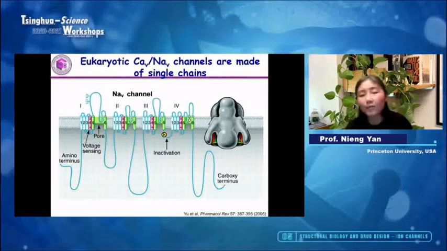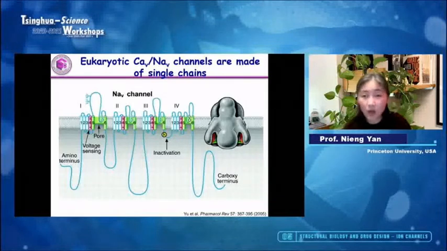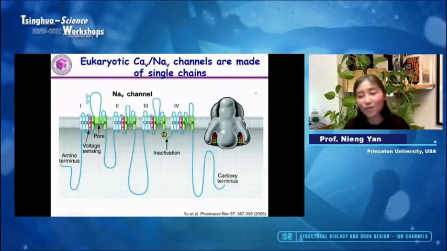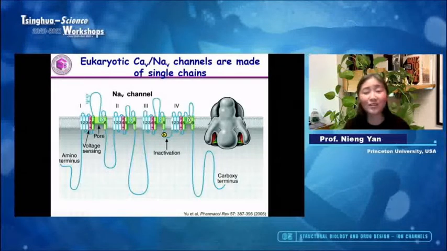Therefore, for a long time before 2017, we had no idea about the structure of eukaryotic single-chain sodium or calcium channels. The one shown here was published in 2000, but in retrospect, this low-resolution negative stain EM reconstruction really didn't reveal anything, and it was even misleading.